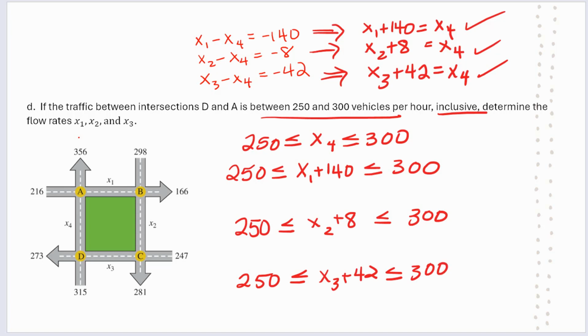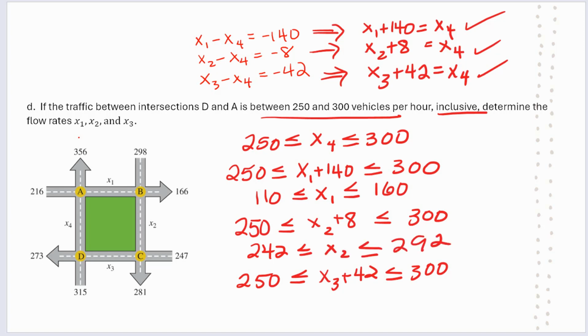So it's asking to determine the flow rates for x sub 1, x sub 2, and x sub 3 in these situations. So here I'll subtract 140 on both sides, and that'll be 110 is less than or equal to x sub 1, which is less than or equal to 160. And here I'll subtract 8 on both sides, so that'll be 242 is less than or equal to x sub 2, which is less than or equal to 292.